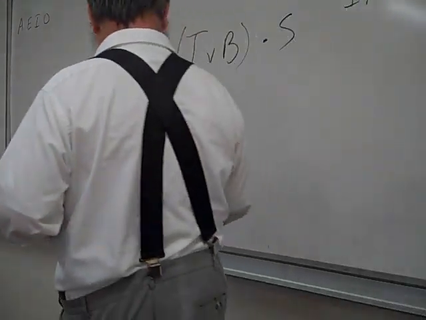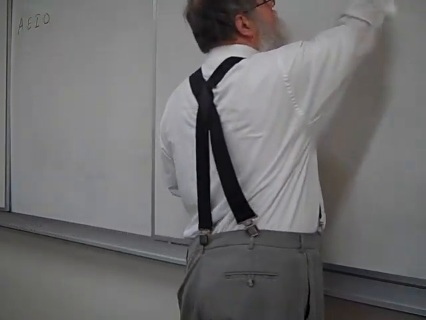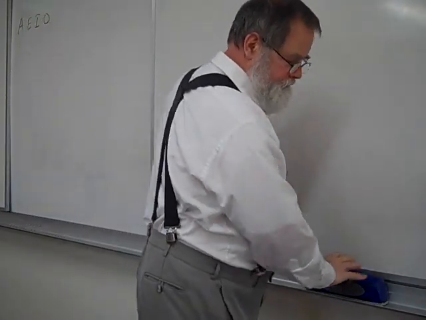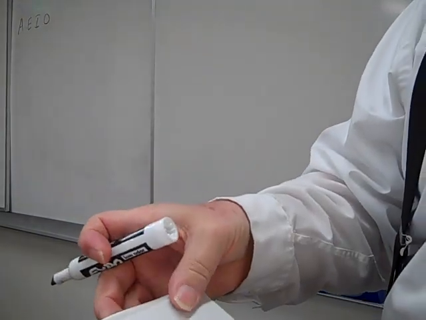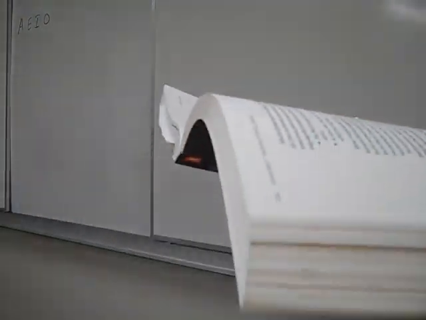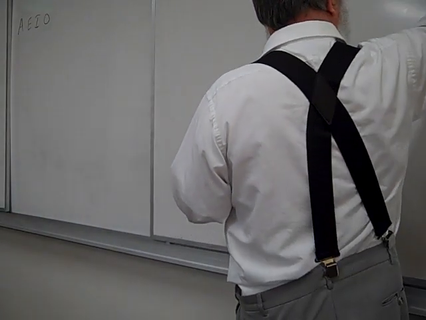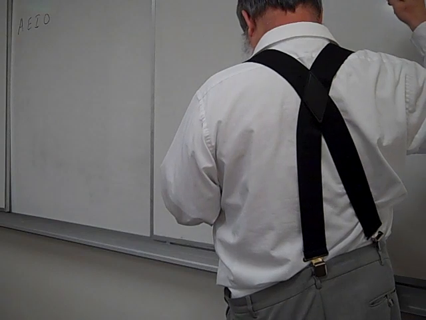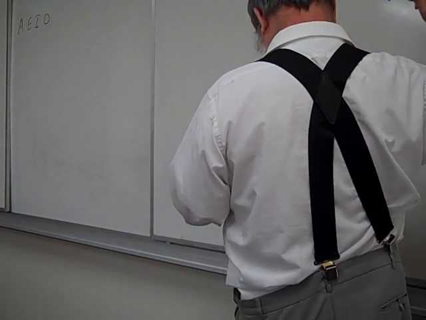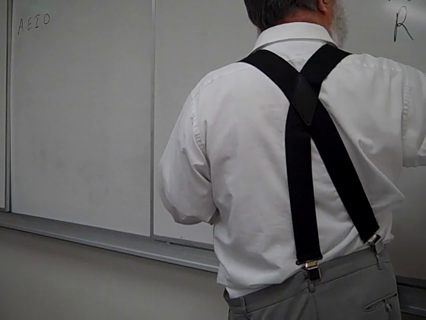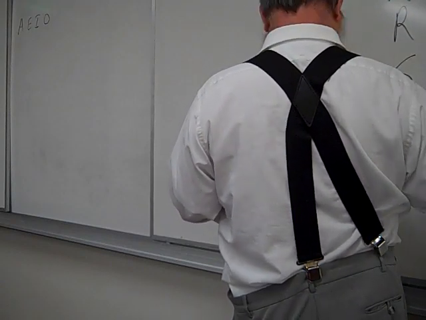Let's write them down. P is true, Q is false, R is true, and S is false.